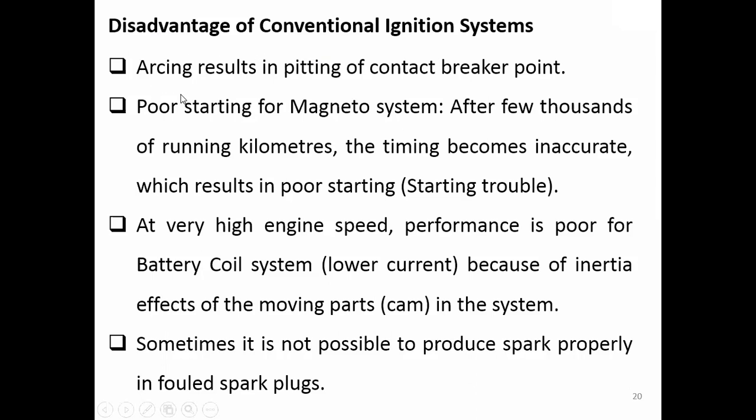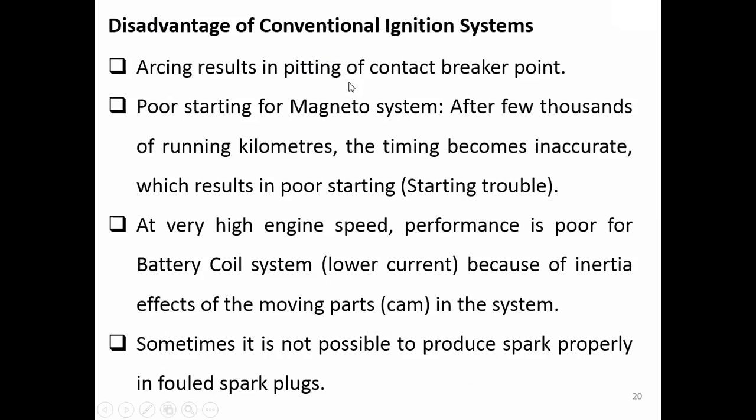The first one is the arcing at the contact breaker point. At the contact breaker point, we have arcing that results in pitting of the contact breaker points.